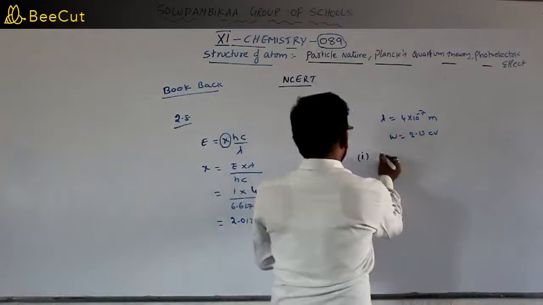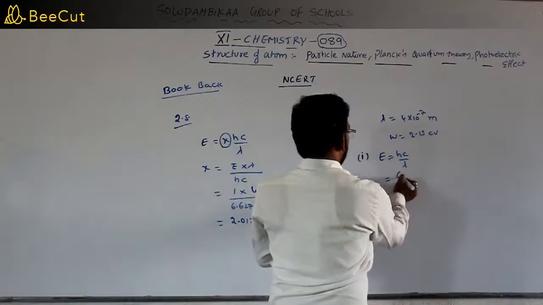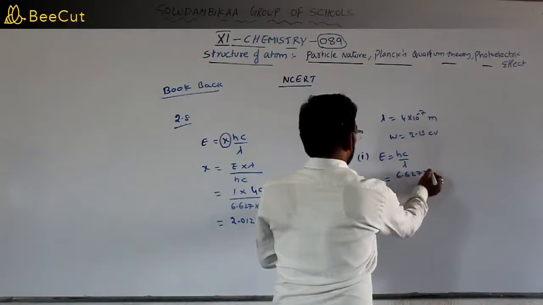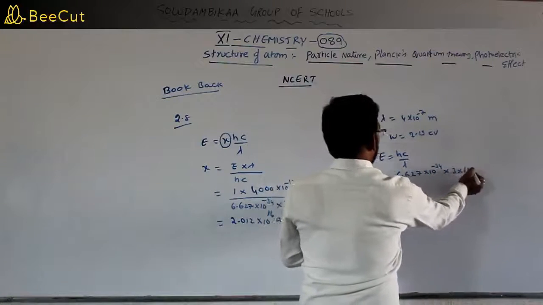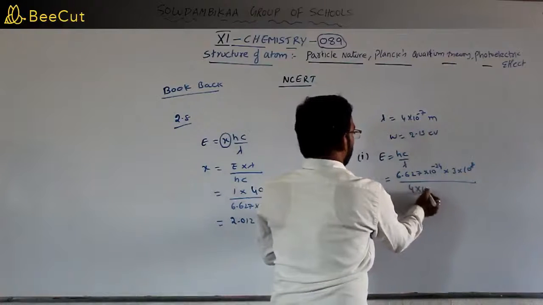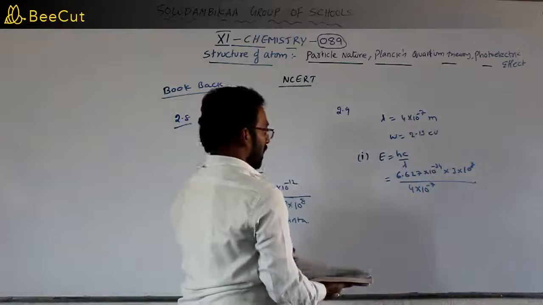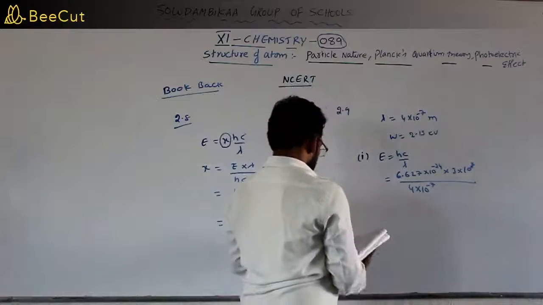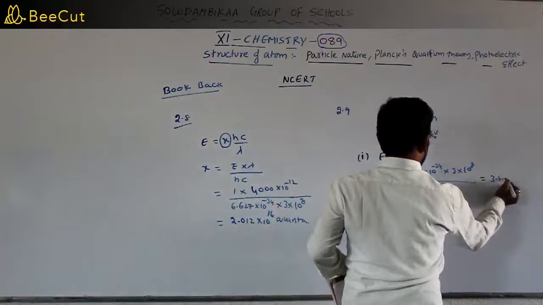So E is equal to hc by lambda, we know that. What is h value? Planck's constant 6.627 into 10 to the power minus 34 into 3 into 10 power 8 divided by lambda, which is given as 4 into 10 power minus 7 meters. So we can substitute directly and we will get the answer, 3.1 electron volt.